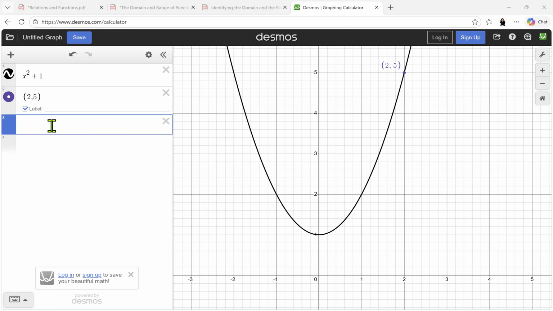The coordinates of the point will be what? 1, 2. That's right. Beautiful. So f of 1 is equal to 2.